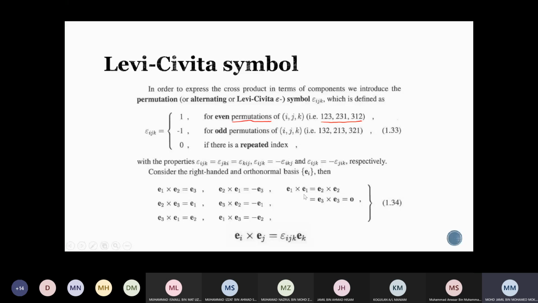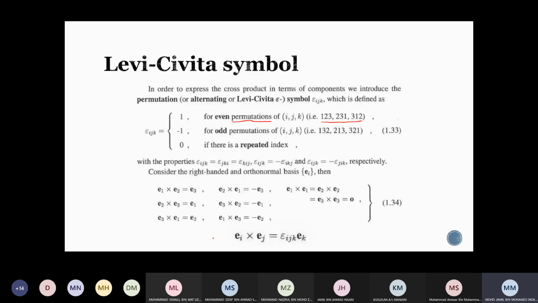If we have a similar symbol, similar number or index, E1 cross E1, you get 0. Similarly, E2 cross E2, 0, E3 cross E3, 0. So maksudnya kalau dua vektor yang parallel, yang selari, we want to find the cross product between two parallel vector, it becomes 0. Okay, so cross product is only for vector yang ada angle between each other.